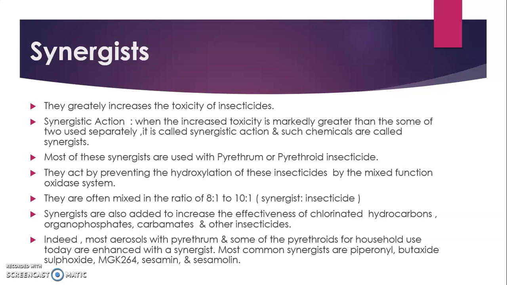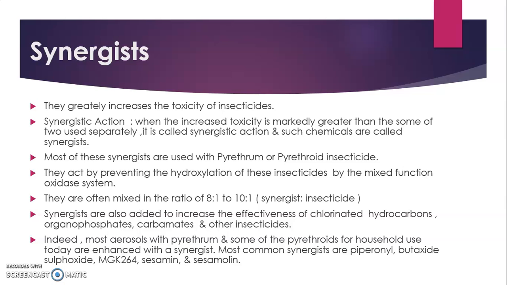They are often mixed in the ratio of 8:1 to 10:1, like synergist 8 and insecticide 1. Similarly, synergist 10 and insecticide 1. So this is the ratio of the mixing of the two. Synergists are also added to increase the effectiveness of chlorinated hydrocarbons, organophosphates, carbamates, and other insecticides.